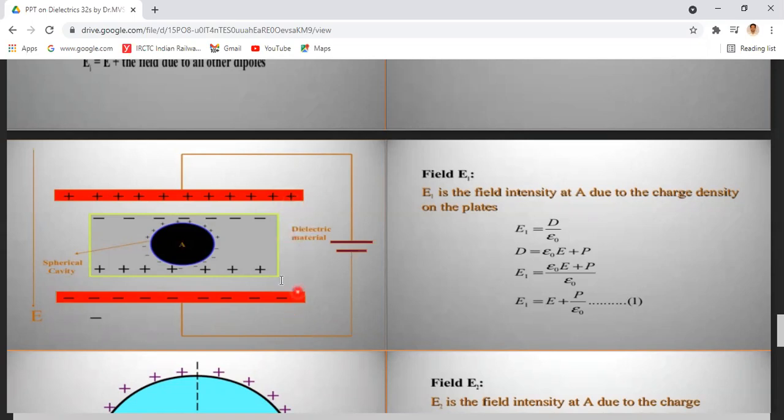Within this field you place a dielectric material, which gets polarized because of the applied field. That means induced dipoles exist within the dielectric material, and the number of induced dipoles per unit volume is the polarization vector. Now, in this dielectric material, consider a point A at which we consider one atomic dipole.